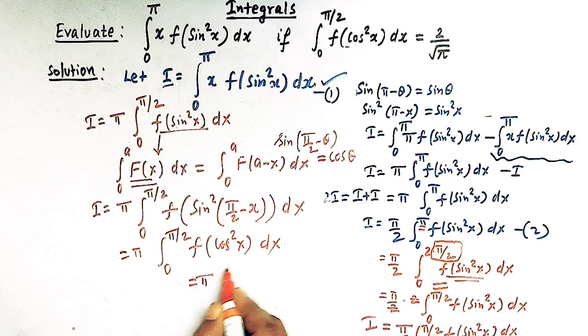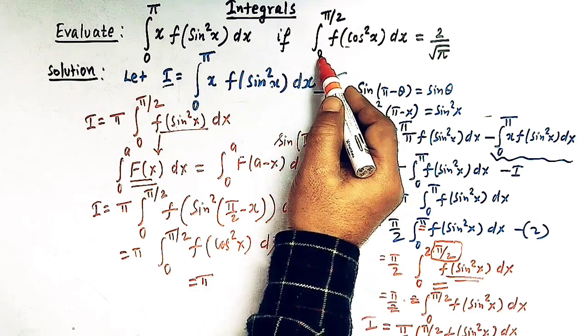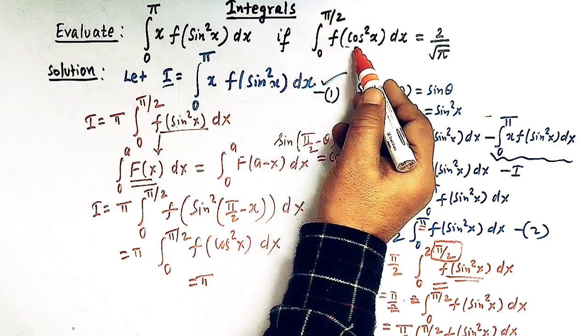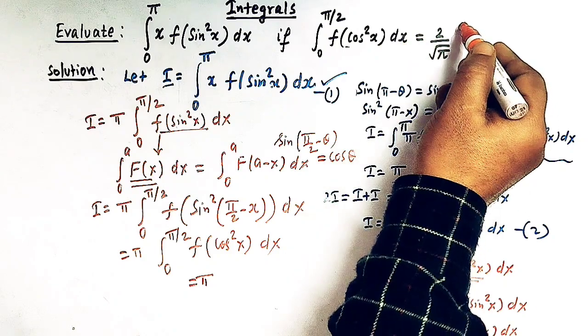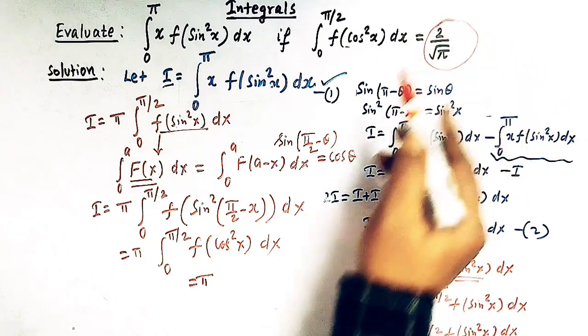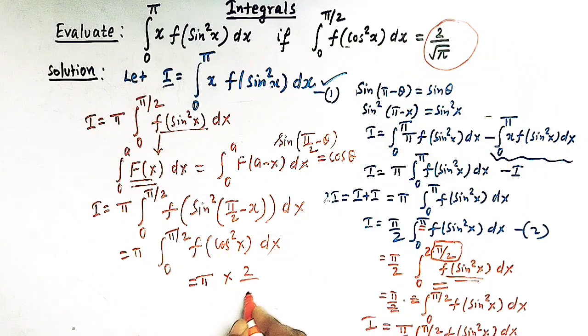So now the value of the integral 0 to pi by 2 f of cos square x dx is given by this number, that is 2 over square root of pi, right?